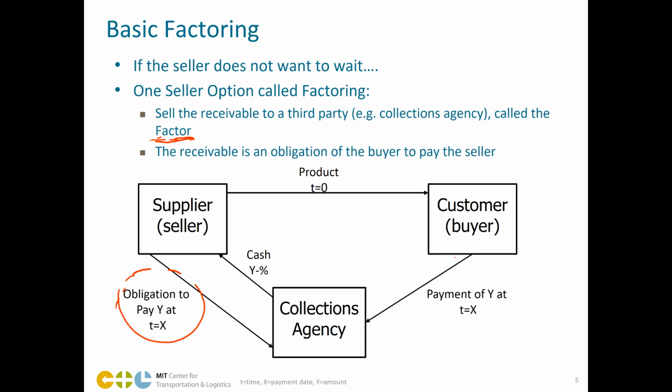In exchange for that, the collections agency gives cash, a certain amount, to the supplier. In that particular case, it's going to be whatever that amount is, less some percentage. We don't know what that percentage is. It varies based on a number of different factors. So that's basically how factoring works.